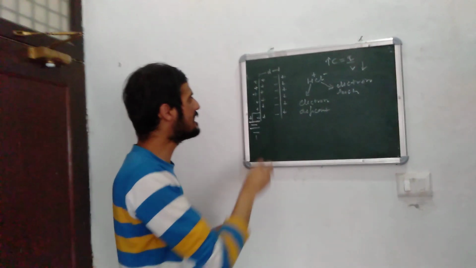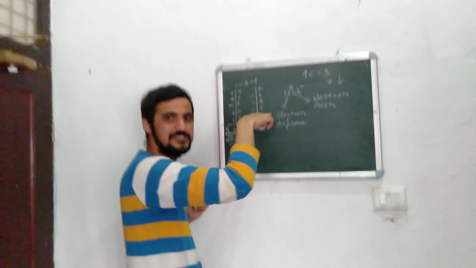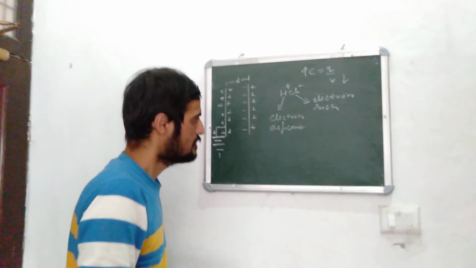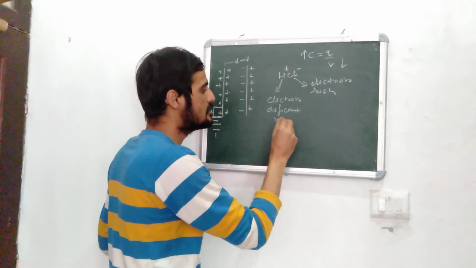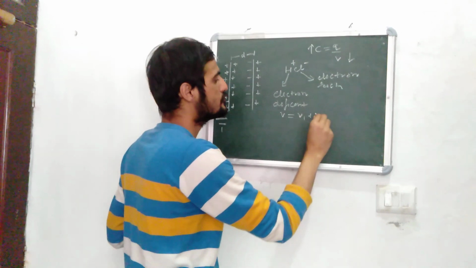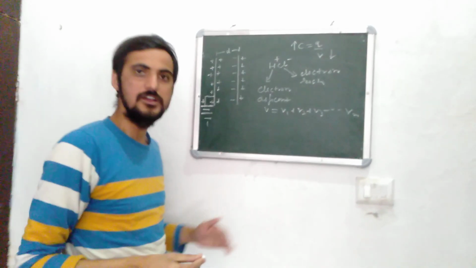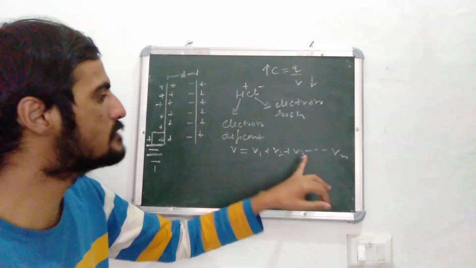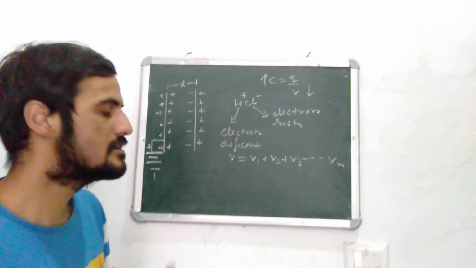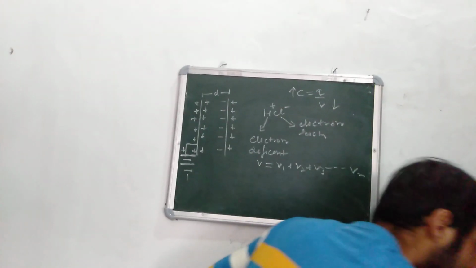If we have to calculate the total potential, the formula is V is equal to V1 plus V2 plus V3 and so on up to Vn. From this formula we can calculate the potential.